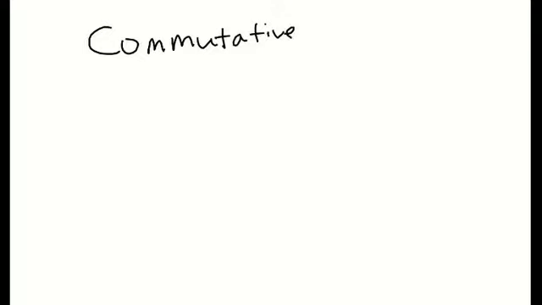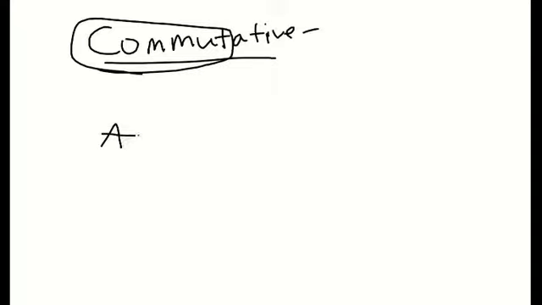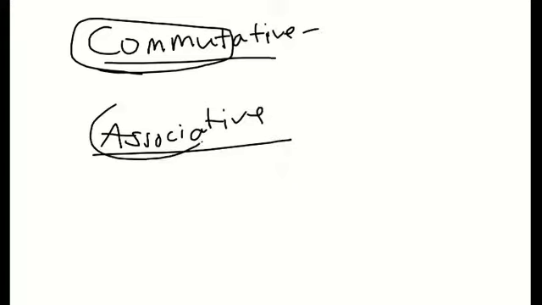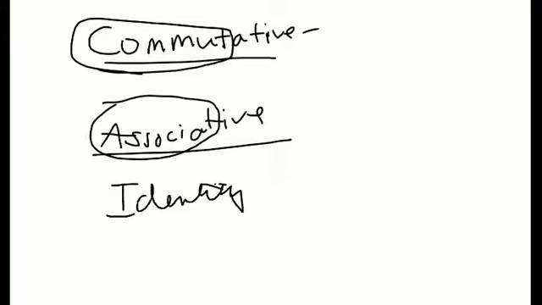But like I've been showing you, an easy way to remember this is commutative just means commute, move. Associative, which is the one with the parentheses, associate, which means to group. Identity is pretty simple. I mean, there's a couple other ones that I omitted.